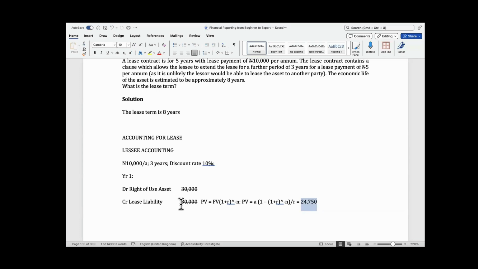Right from day one, you have liability for the entire amount. What you put in your books is the present value because those amounts are future payments. So you credit liability with that present value and you debit right of use assets with that present value.